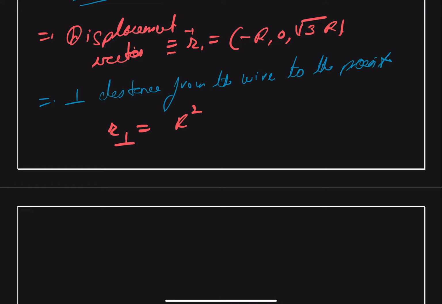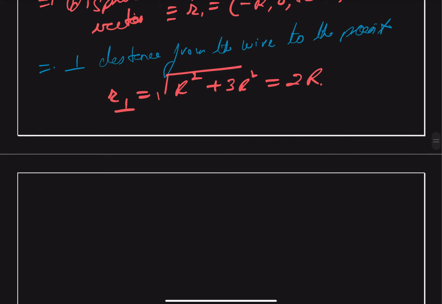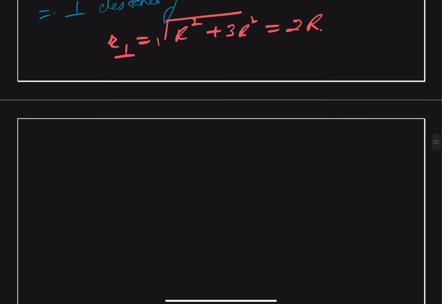It will be r minus 0, because the x coordinate is 0, and the y component is 0, and then the square root of 3 r component, square, and its square root. So this gives us 2 times r. So now we can easily find out the magnetic field due to an infinite straight wire, that is our wire 1.